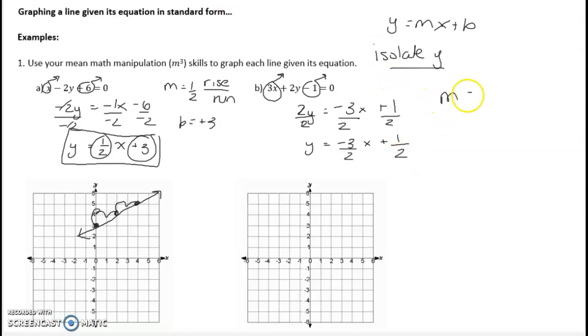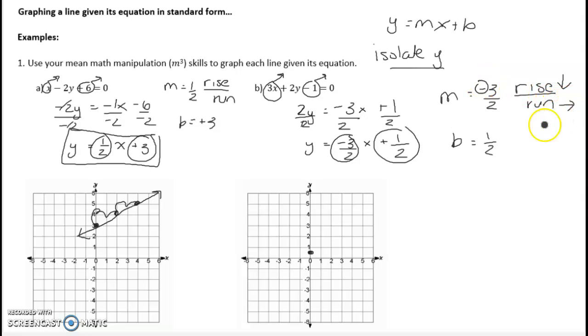So our slope is the number in front of x. So that is negative 3 over 2. And our b, our y-intercept, is positive 1/2. So it's going to be a little tricky. Positive 1/2 is in between 1 and 2. And remember that your slope is rise divided by run. So we're going to go down 3 because it's negative, and we're going to go over 2.